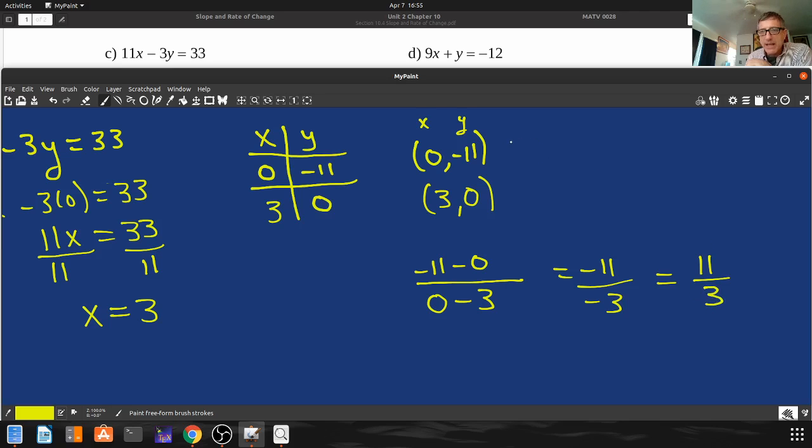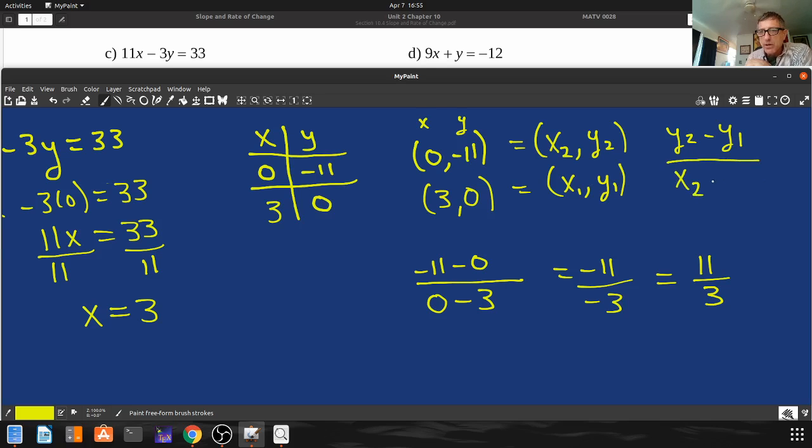That's going to be the exact same thing if I call the top x2, y2, and the bottom x1, y1. Then y2 minus y1 is just subtracting 0 from minus 11, over x2 minus x1, which is subtracting 3 from 0.